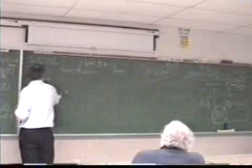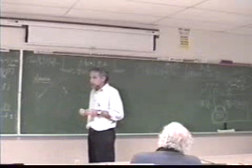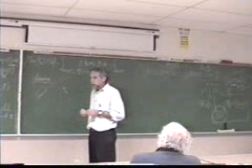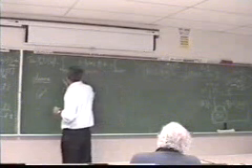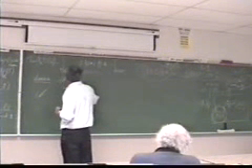Now, the lemma is the following. Let me write the lemma. The little lemma is the following: let, again, K be a local field and so on.